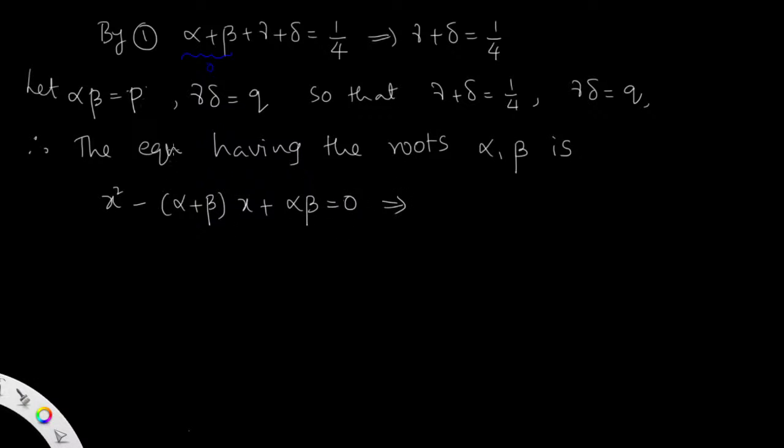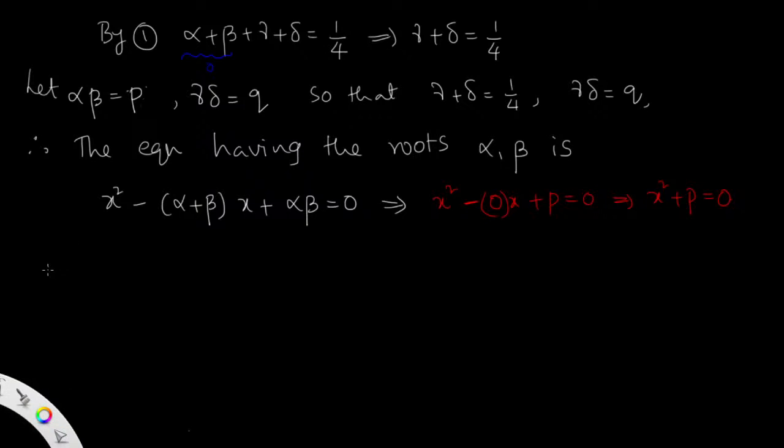But we have alpha plus beta equal to 0, and alpha beta as p. So the equation becomes x square minus 0 into x plus p equal to 0, that is x square plus p equal to 0.